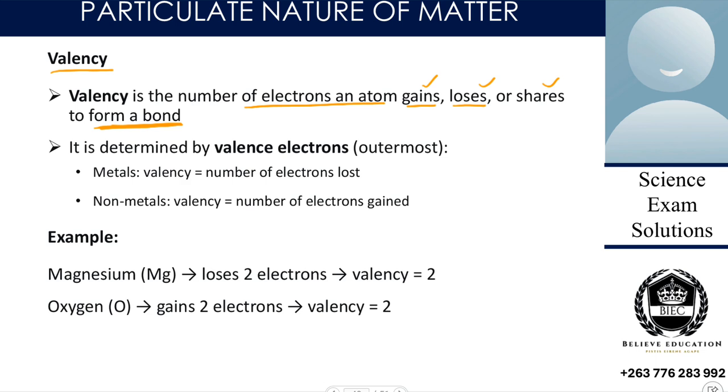So this number of electrons transferred is what determines our valency.